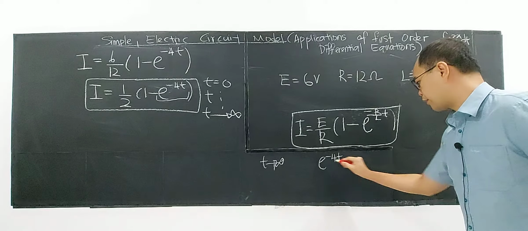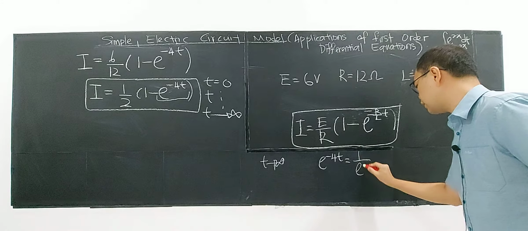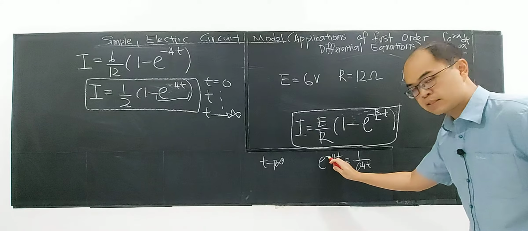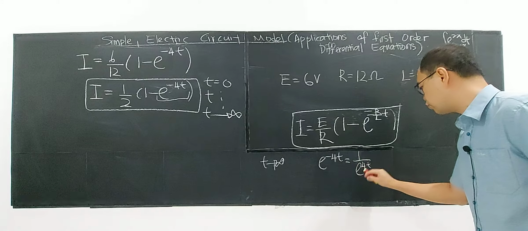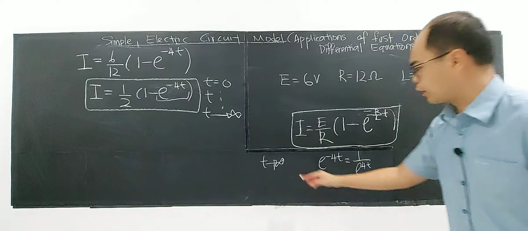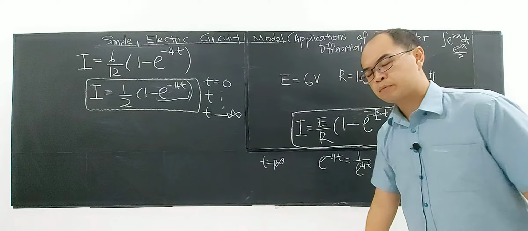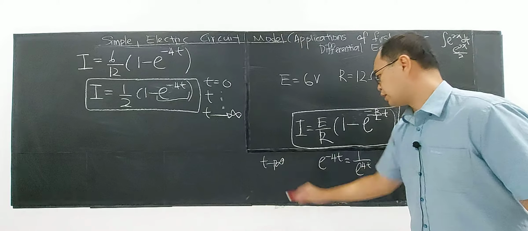Let's think intuitively. We can rewrite it as 1 over e to the power 4t, since the exponent is negative. What happens when t approaches infinity?